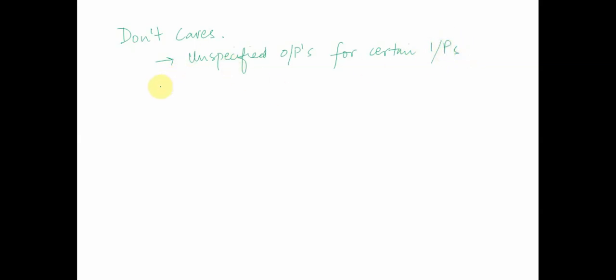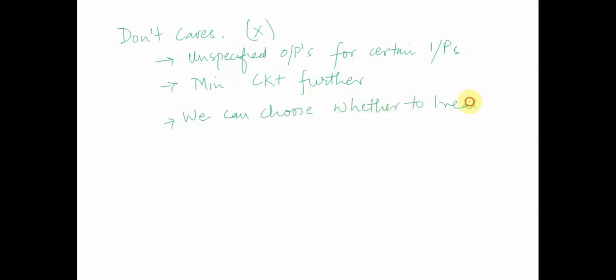And basically these can be used for minimizing the circuit further, and these are represented by x's. What we can do is choose whether to treat them as zeros or ones as per our convenience.